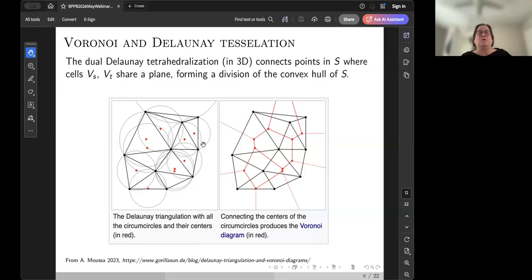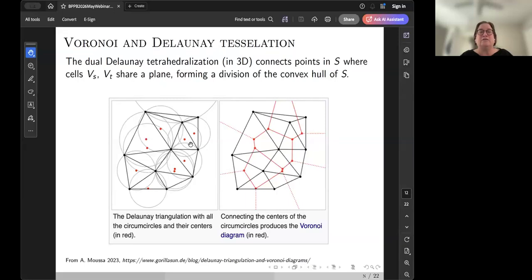But I can take the same set of points. By the way, this isn't exactly the same set of points as the one on the previous slide. I can take a set of points and form a Delaunay triangulation on it by taking any 3 points, drawing a circle around them, and finding the center of that circle.